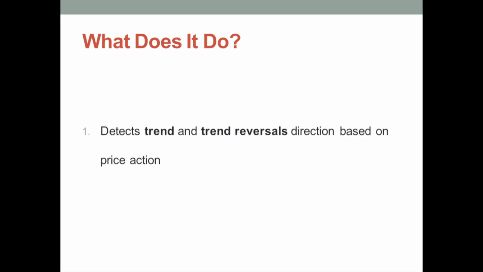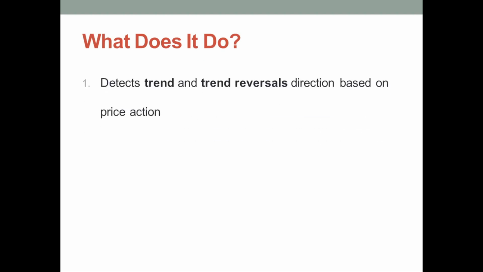So before moving into the charts, let's go through some notes. What does it do? Like I mentioned earlier, this is an indicator that detects the trend or trend reversals, based on the price action that is prevailing.